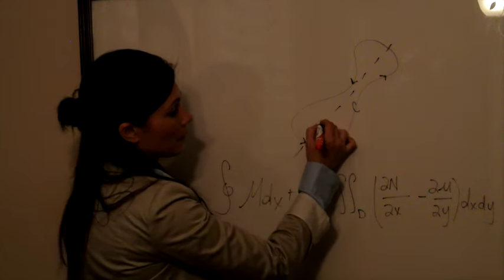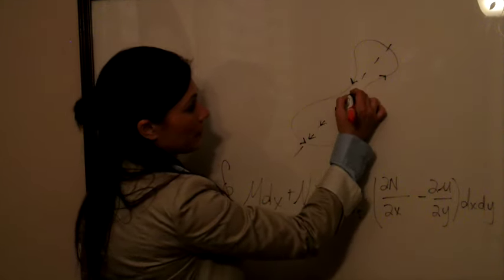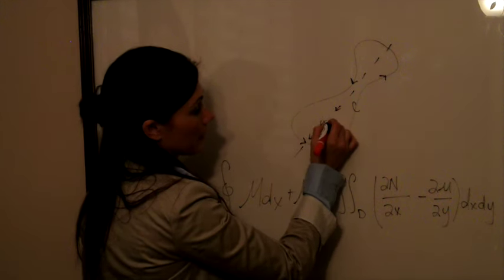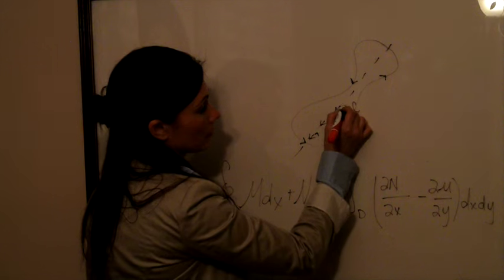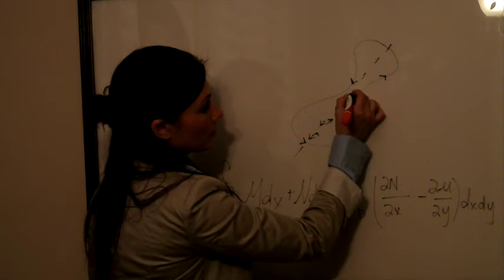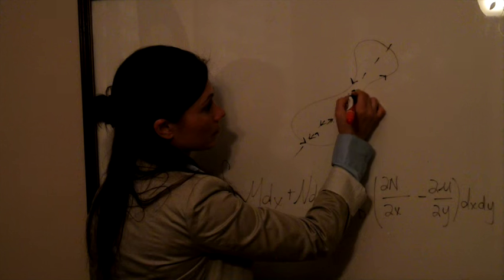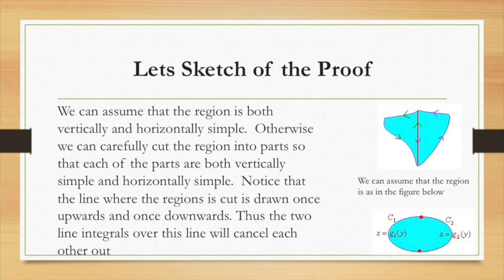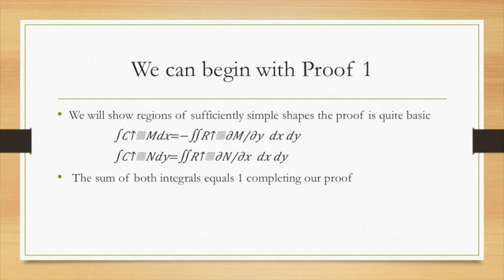So here, cuts are downward, and here, cuts are upward. Thus the two line integrals over this line will cancel each other out. We will show the regions are sufficiently simple shapes in the proof.